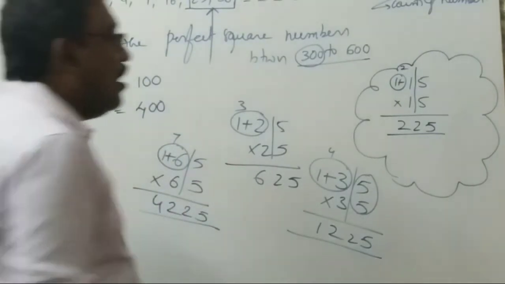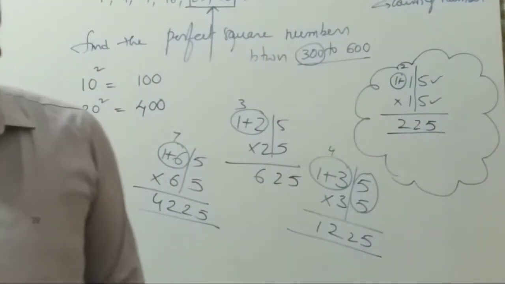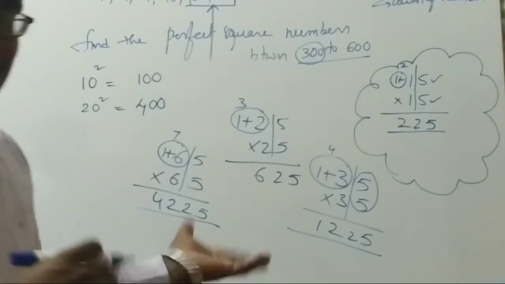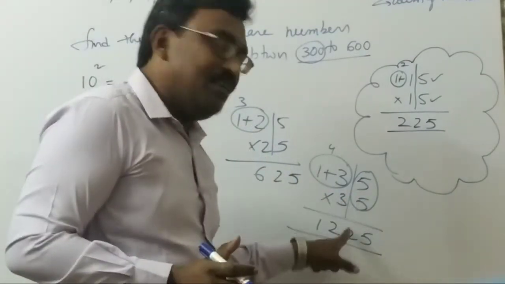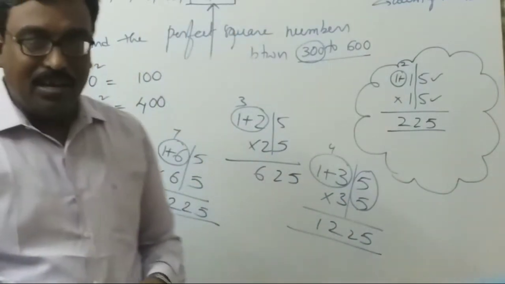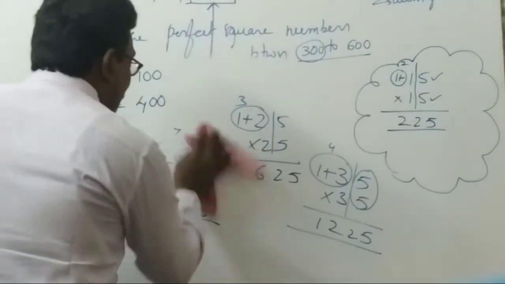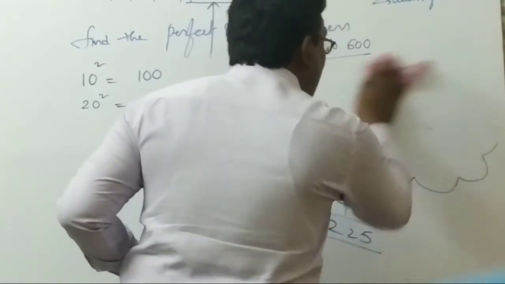This is possible only when both numbers end with 5. It is not possible with 16 into 16, 17 into 17 or 32 into 32. It is possible only with 25 into 25, 35 into 35 or 65 into 65. Okay, this type of technique we will learn in this class, many more, not only one.